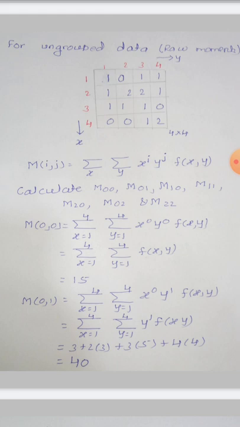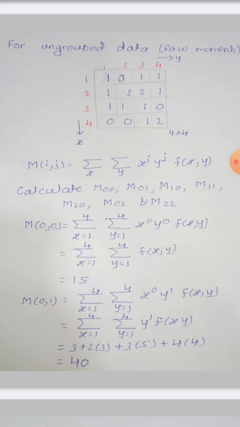It's m of i, j equal to first summation for x, that means rows, and second summation for y, columns, x raised to i, y raised to j, f of xy, where f of xy is the image, x are rows, y are columns, and i and j represent m of i, j.